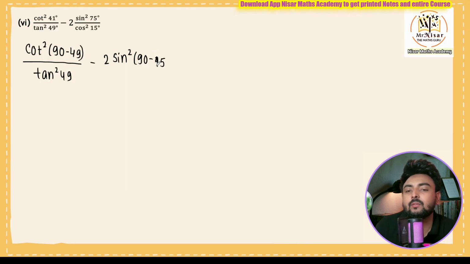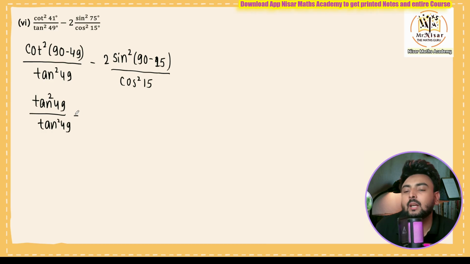Sorry, 90 minus 15 is 75, and here it is cos square 15. Now cot 90 minus theta becomes tan theta because they both are complementary to each other. So tan square 49 upon tan square 49, and here we have 2 sin 90 minus theta becomes cos theta, that is cos square theta, where the value is 15 here, cos square 15 upon cos square 15.